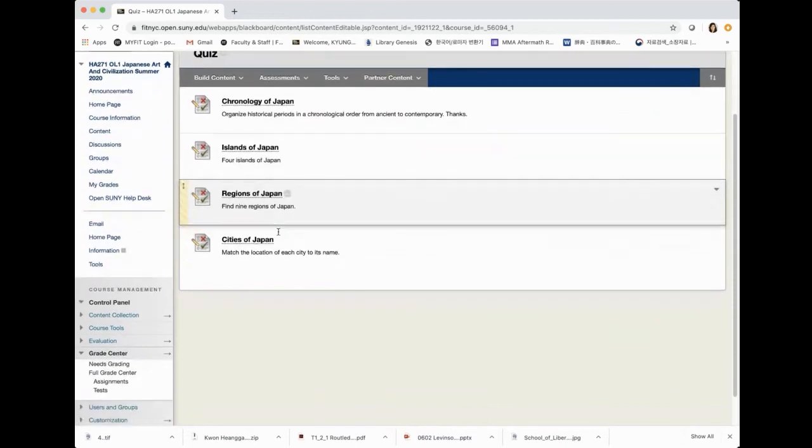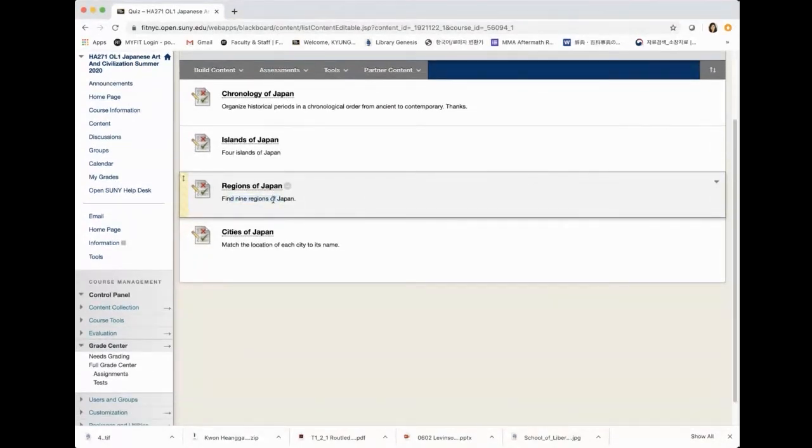And the regions of Japan, of course, you have to study 9 regions. But because it's multiple choice, I have only 4 questions. 2 of them are true or false. For example, the regional name of Kyushu is the same as its island name, and you will say that's true, because Kyushu itself creates one region, right?